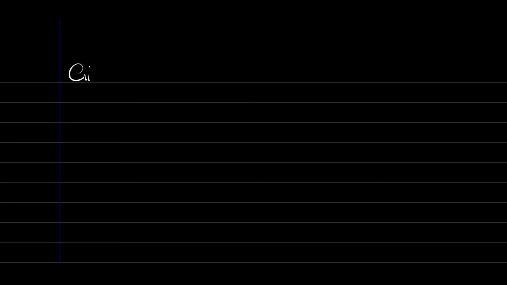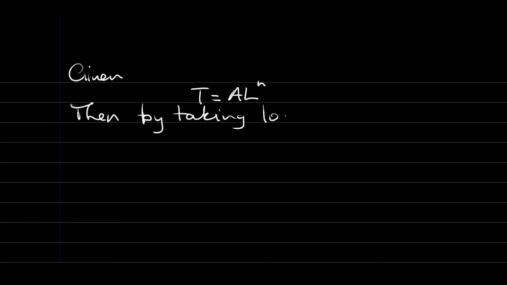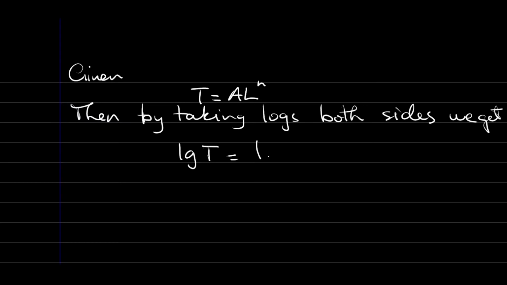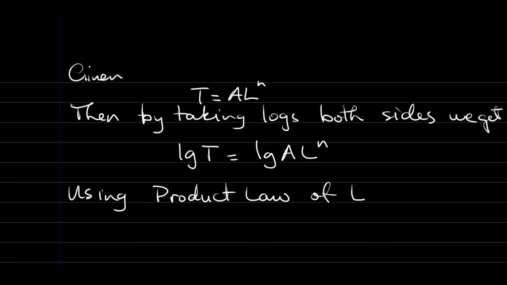Given T equal to A L to the power N, then by taking logs both sides, we get log of T equal to log of A L^N. Using the product law of logs, I feel that if I repeat it enough, you'll probably remember it.